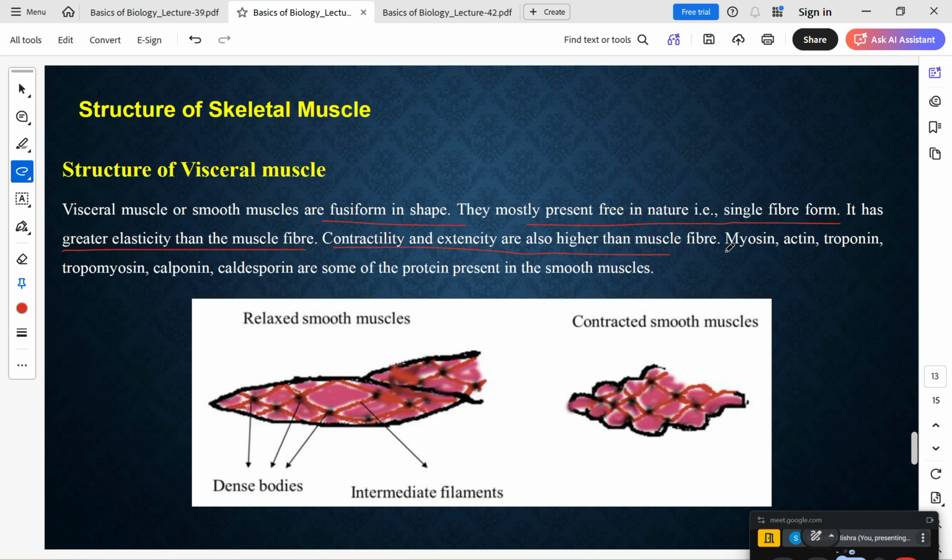Some of the proteins that are present are myosin, actin, troponin, tropomyosin, calponin, and caldesmon. Depending on what the function is, some or all of these proteins might be present. The relaxed smooth muscle cells look something like this, whereas contracted smooth muscle cells look like this.